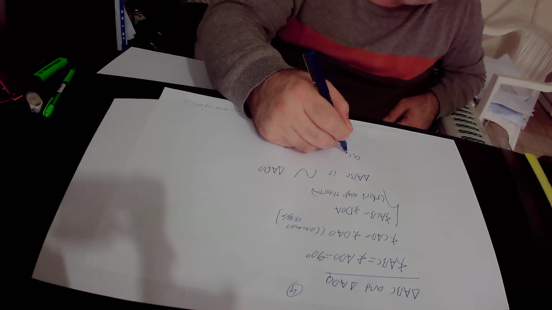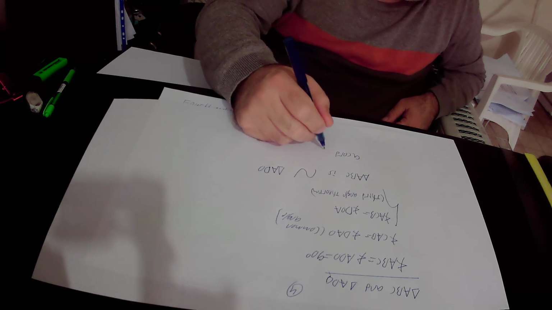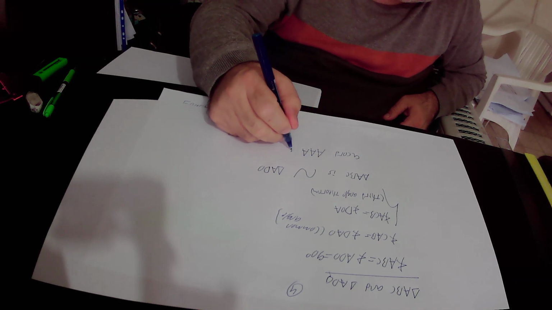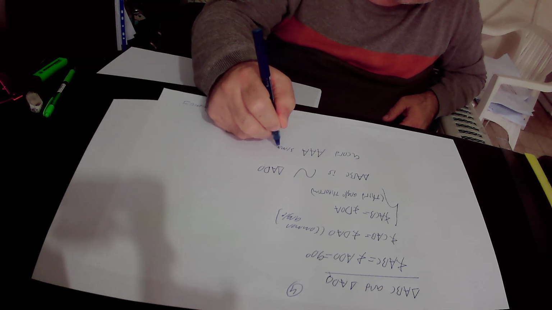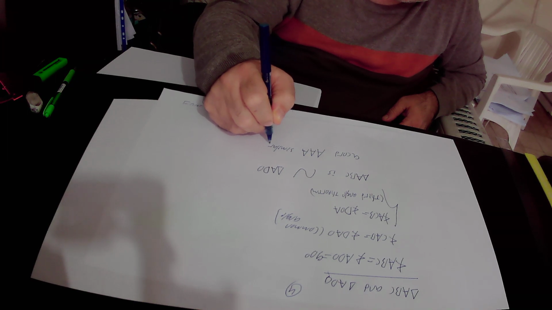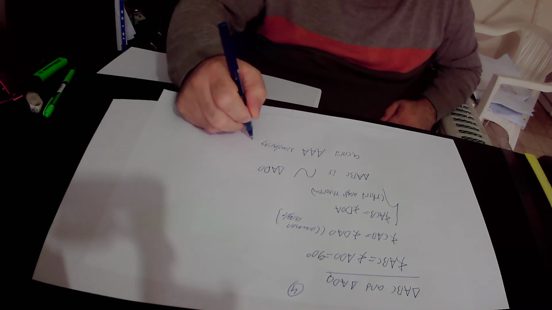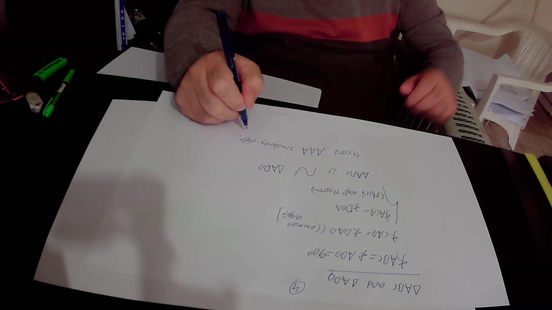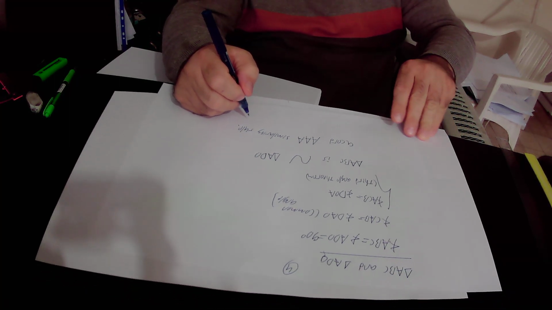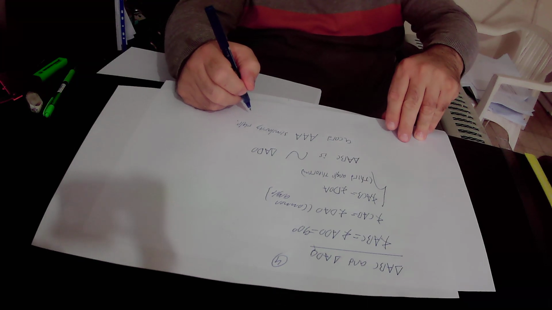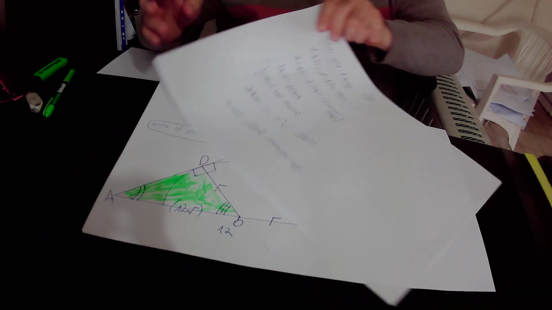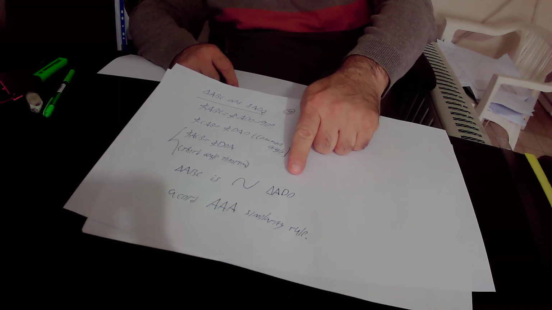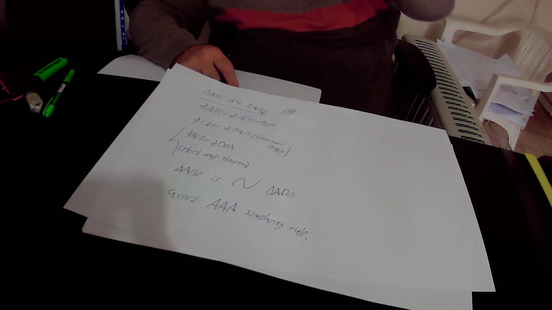According to angle similarity rule. I repeat again, we actually proved that triangle ABC is similar to triangle ADO according to angle similarity rule.